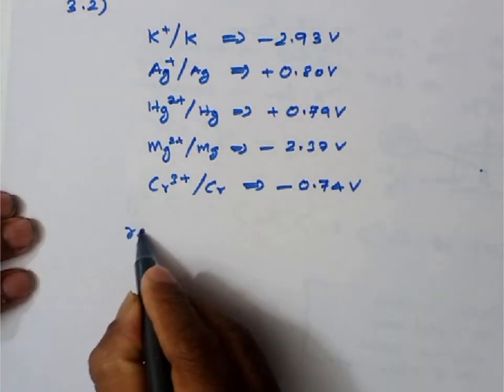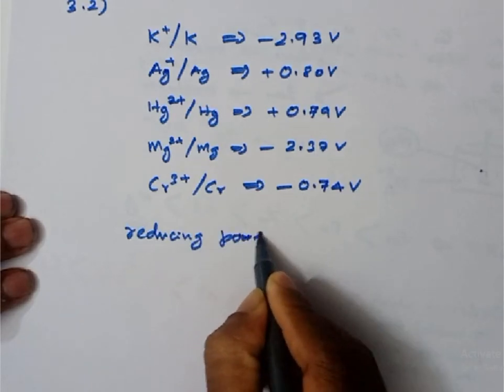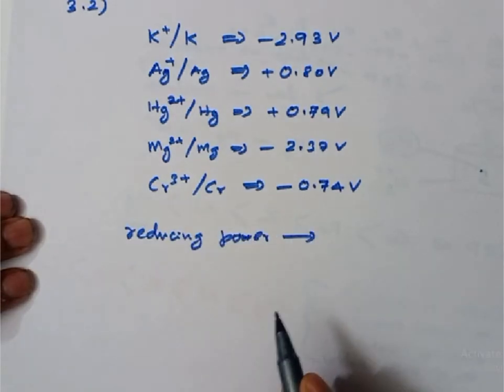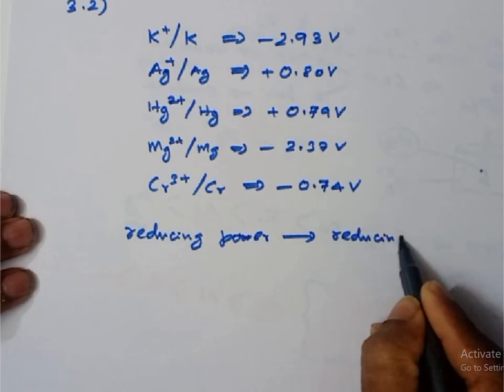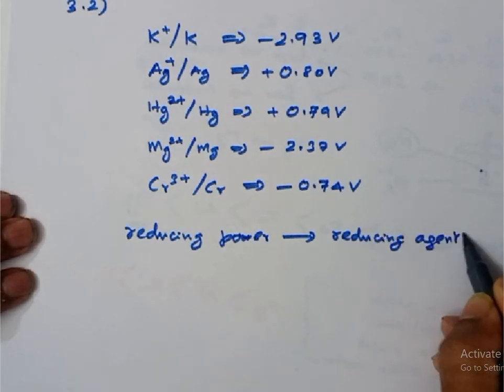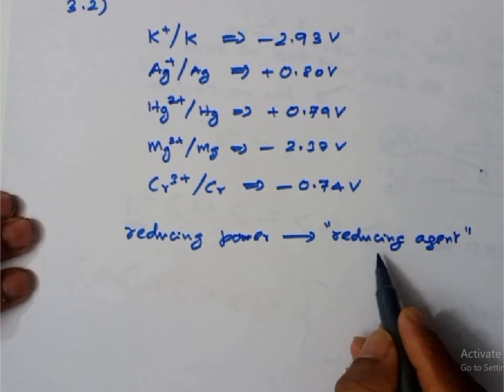Reducing power means how easily the metal can donate electrons, so we can say that it is a reducing agent.